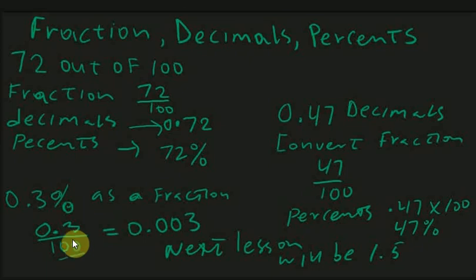This is the fraction way, but your answer will become 0.003. This is also your decimal. Your fraction is this part. This was percentage. Now it's fraction.